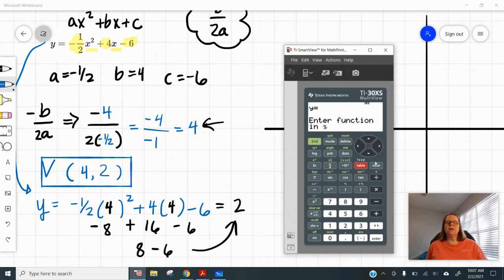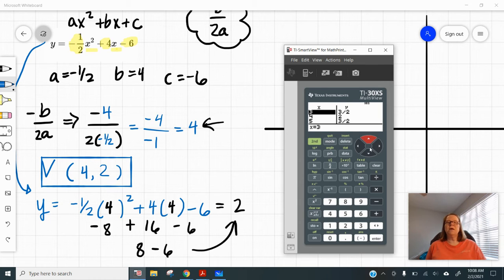We can go to the table, which is kind of cool. We can type in negative 1/2 x squared plus 4x minus 6, exactly the way it was printed on the paper or the screen, however you received it, and hit enter. I'm going to start at 4, since that's my vertex, and I see that that's 2.